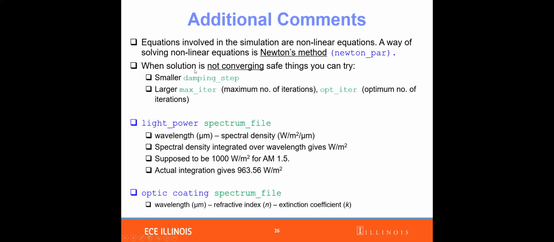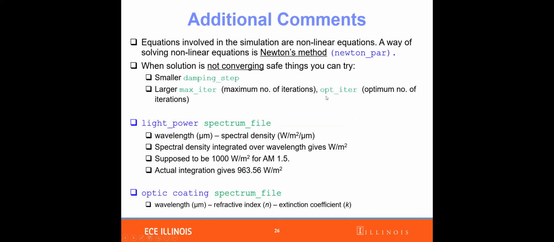So when the solution is not converging, some safe things you can try is to reduce damping steps from 1 to 0.5 or even smaller. Or you can try a larger maximum iteration number, because you can control the maximum number of iterations. Sometimes the error just does not reduce that fast, so you reach the maximum iteration number. Typically, we set it to 100 because most of the iterations will finish within 10 or 20 iterations.